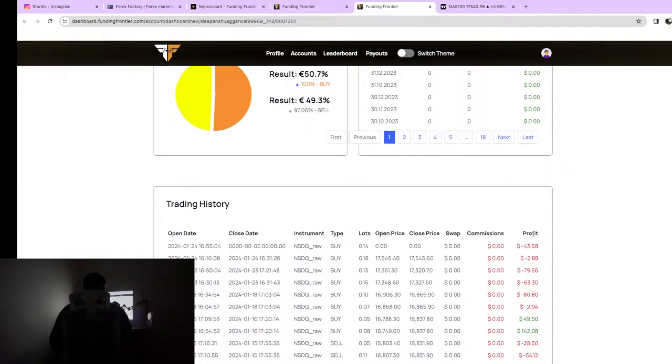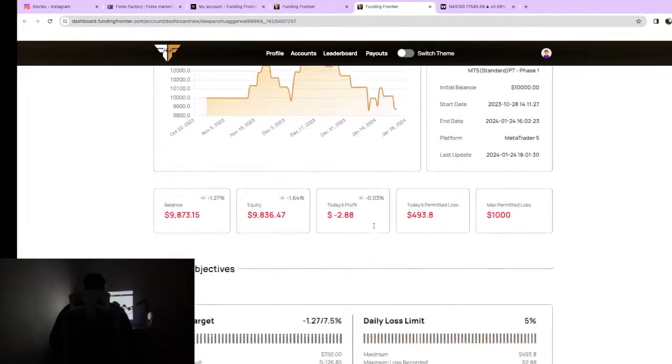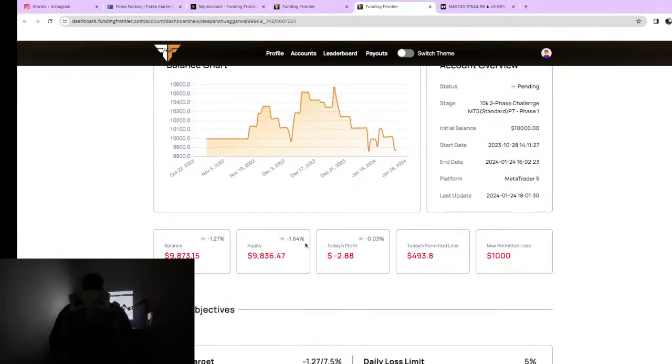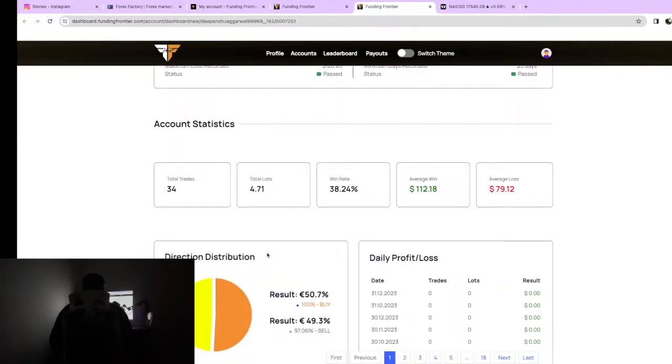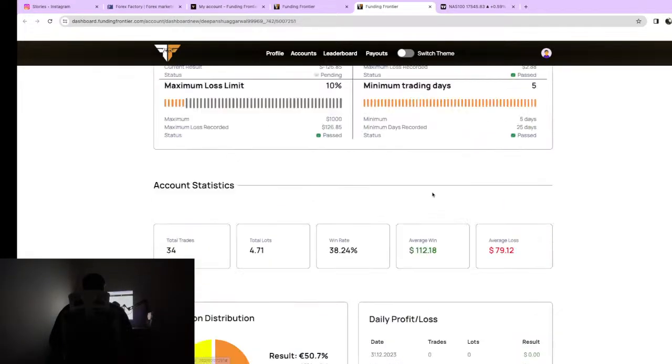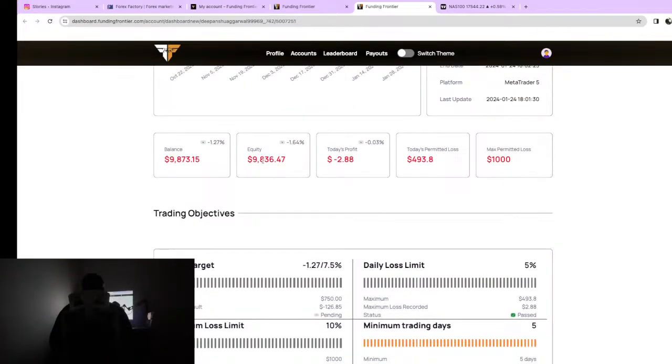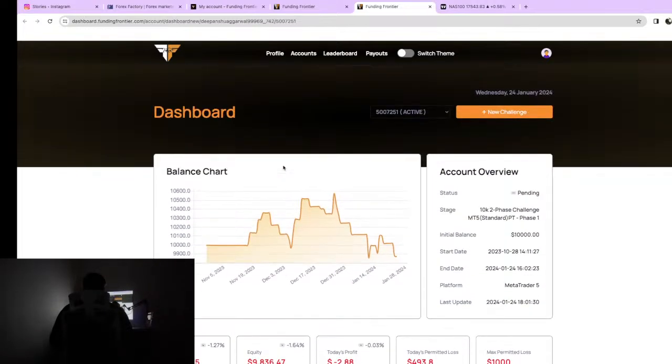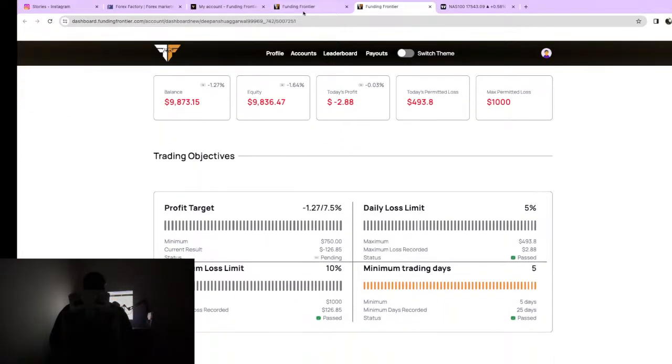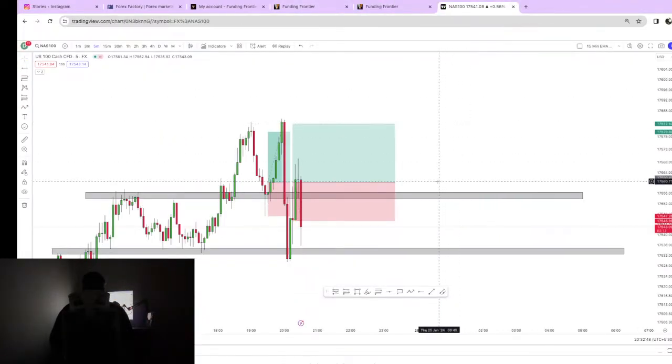It's not updating right now. So it will be $58 almost. So this will be the balance, minus a few more, $15 more. So it will be around 9815, 9816. No issues.